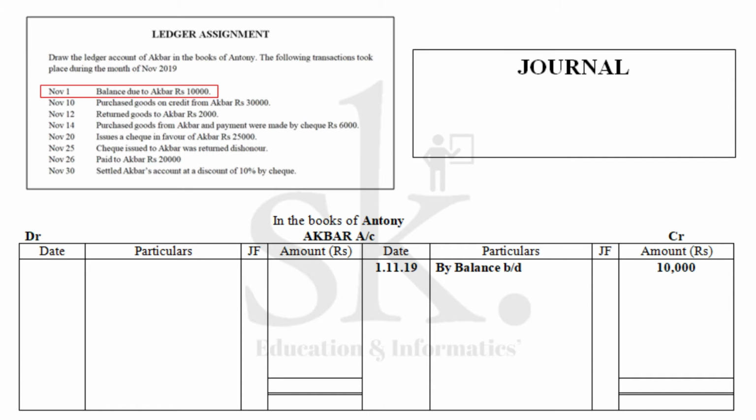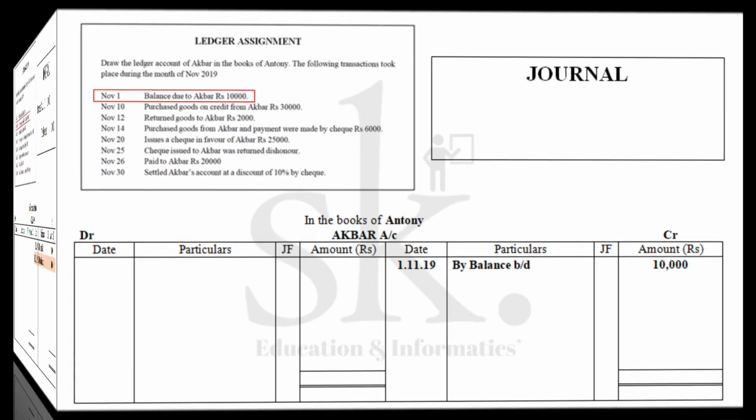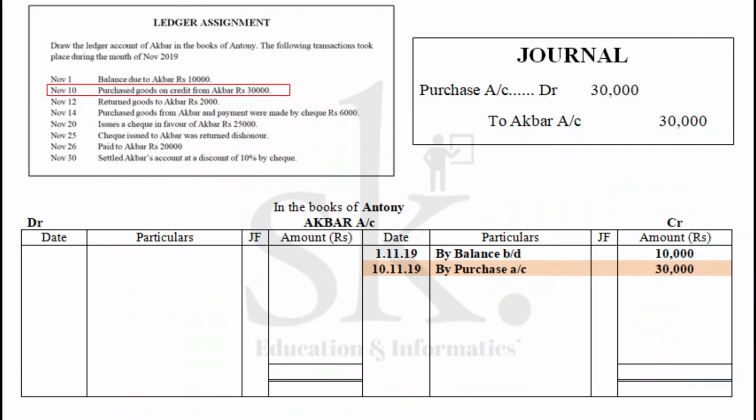If Akbar had been a debtor, then we would have started with to balance b/d, because a debtor is an asset which has to be debited. I hope you have understood this concept: balance due to Akbar means Antony requires to pay Akbar. So in the books of Antony, Akbar is a creditor, and thereby it starts with a credit balance. Let's move on to the next transaction.